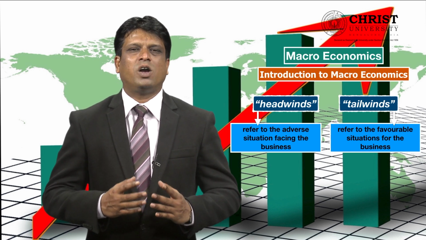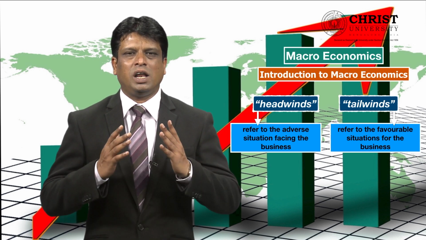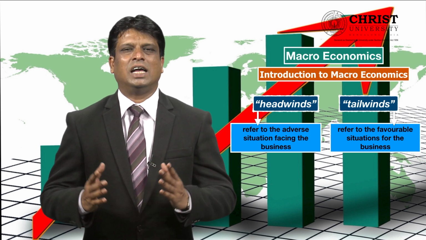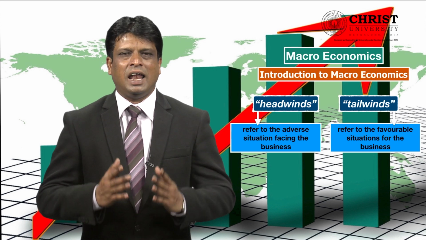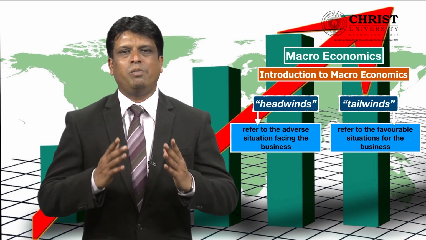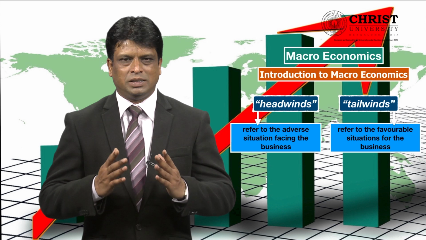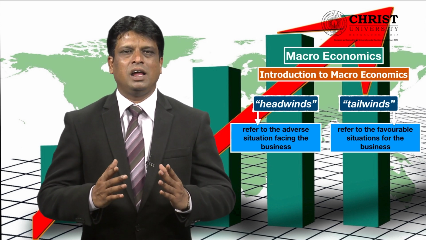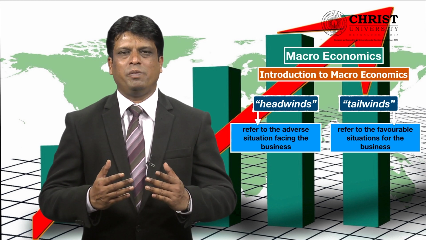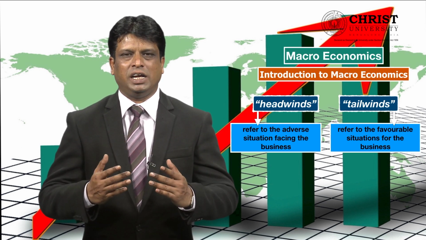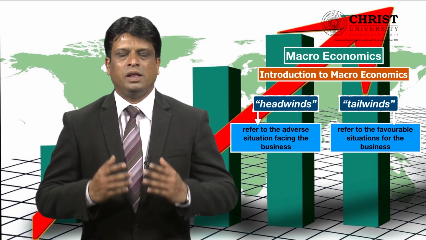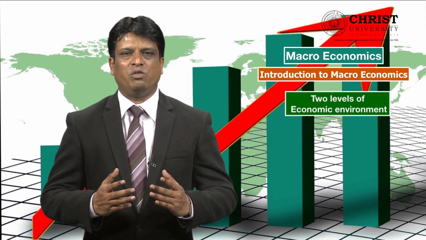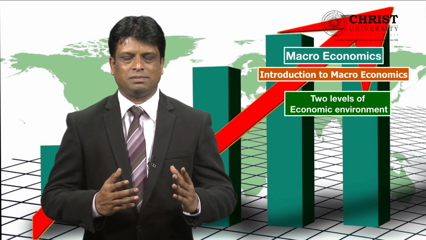Therefore, the modern day manager has to run his business amidst both headwinds as well as tailwinds. Like I said earlier, his ability to manage his business and his company will always be judged by how well he understands the economic environment in which he is operating. Therefore, managers have to cope with the economic environment at two levels.